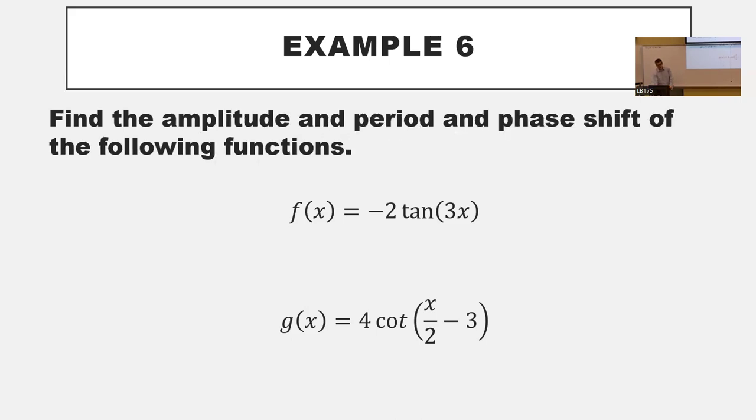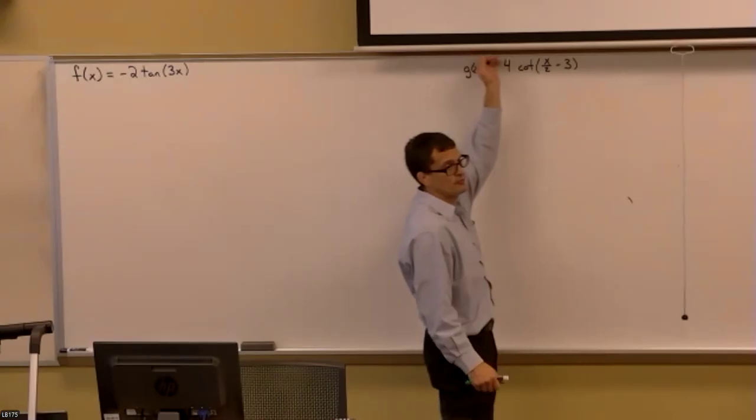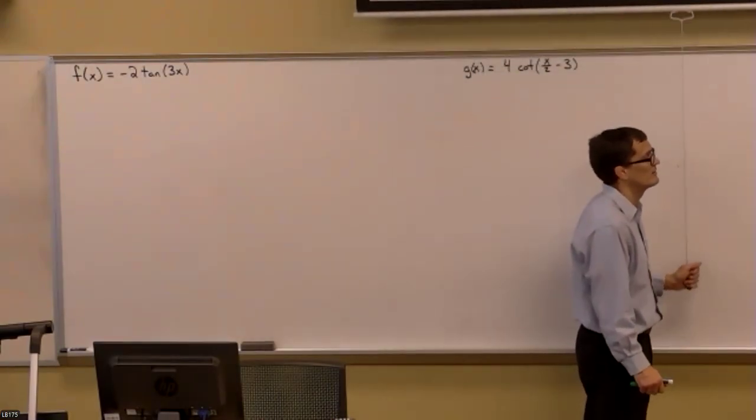So we'll find the amplitude, the period, the phase shift. Neither of these have vertical shifts, so we're good. And then we'll find x-intercepts and asymptotes between 0 and 2 pi.